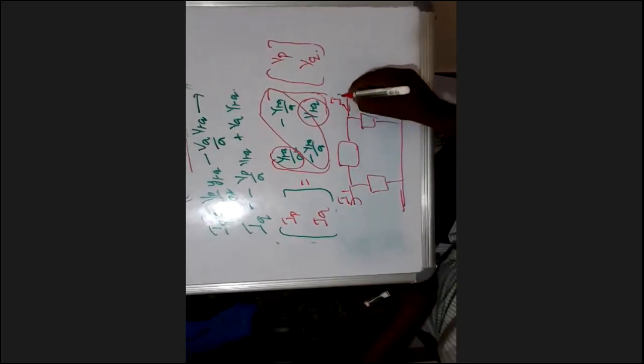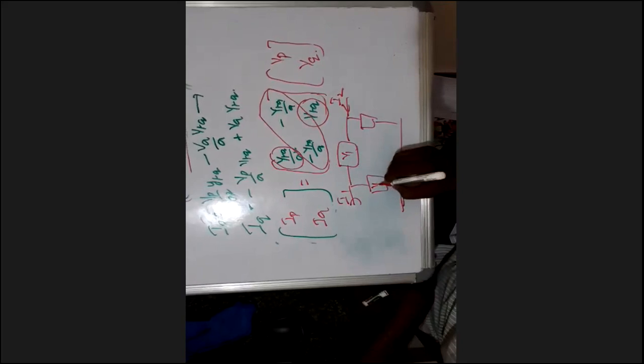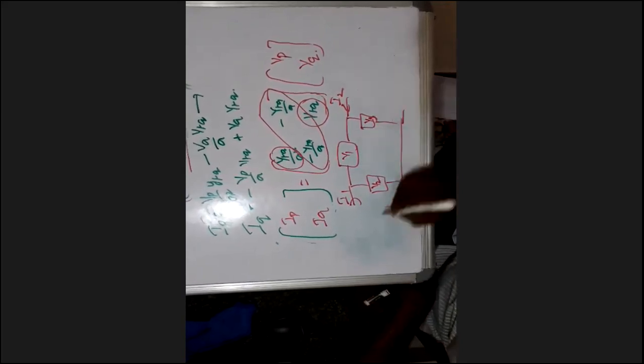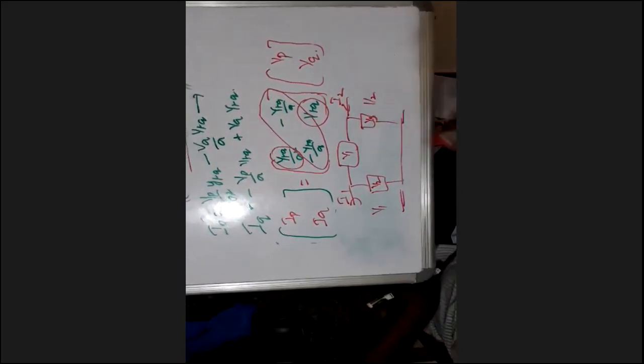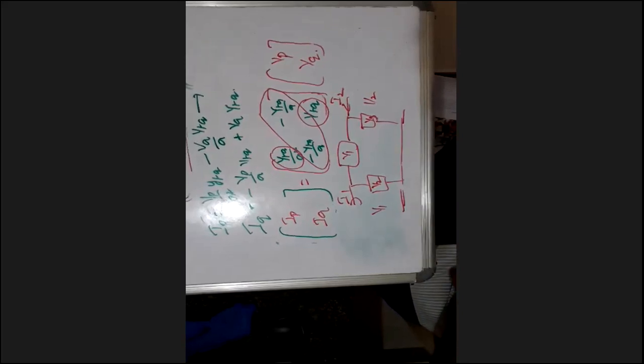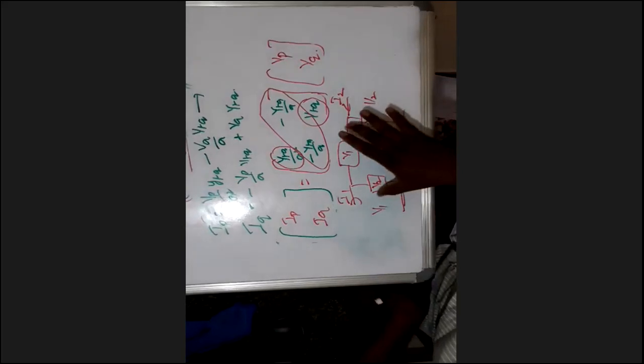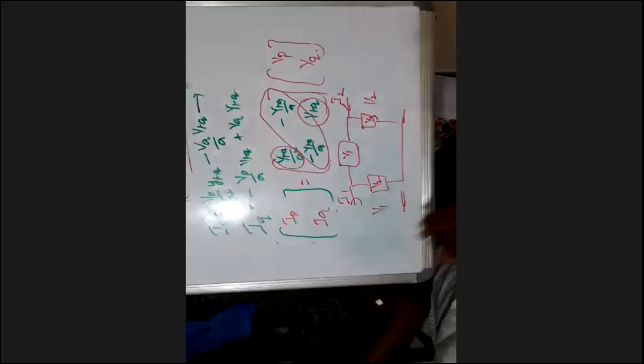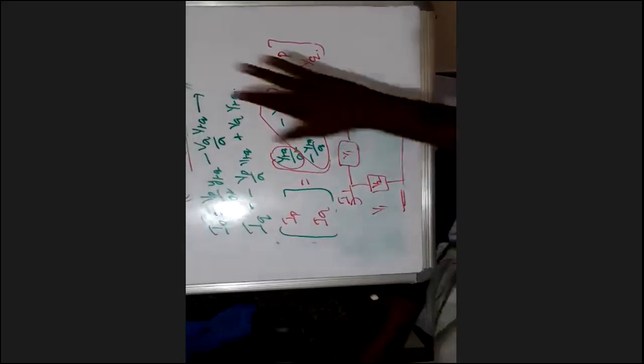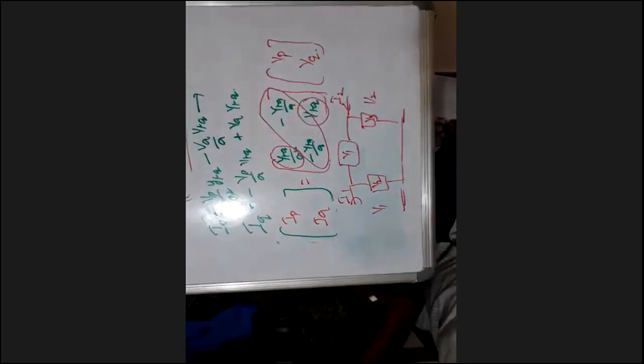This is the port 2 current. Y1, Y2, Y3, V1, V2. Why am I going for the pi model? If I represent this into the pi model, incorporation is easy and I can apply the direct inspection method. Is it right? Yes, sir.